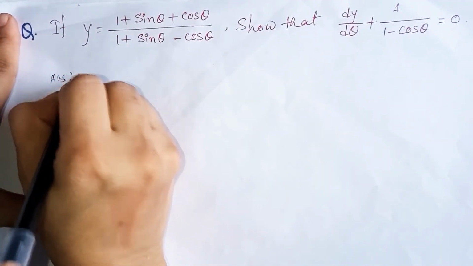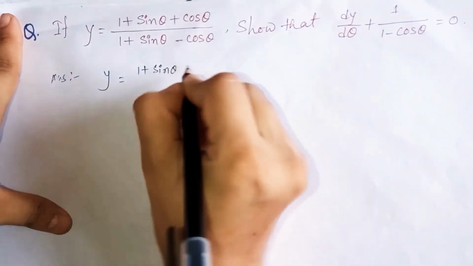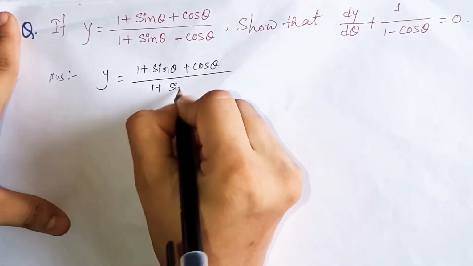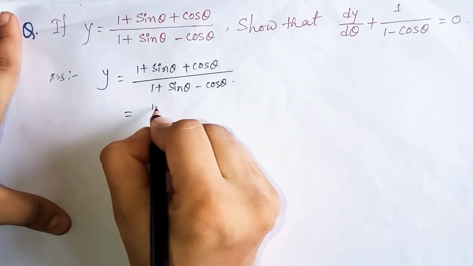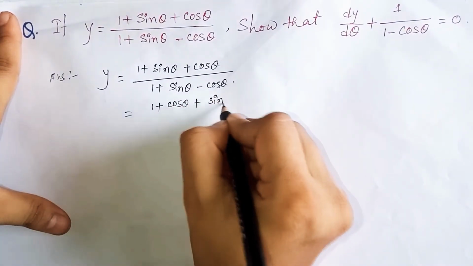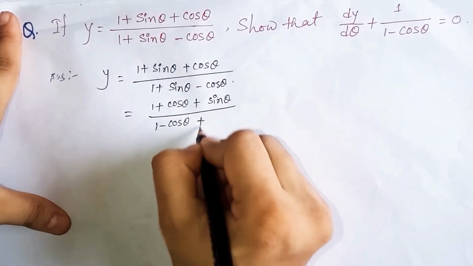We use the sub-multiple formula. What is the sub-multiple formula? First I have to copy the question. The sub-multiple formula tells us that 1 plus cos theta plus sin theta, and I am interchanging the positions in the denominator, 1 minus cos theta plus sin theta.